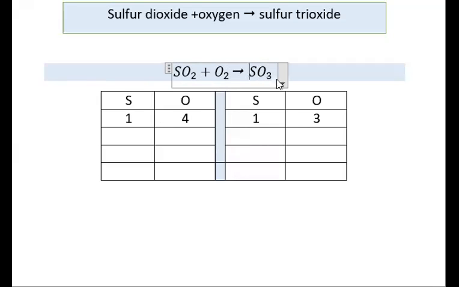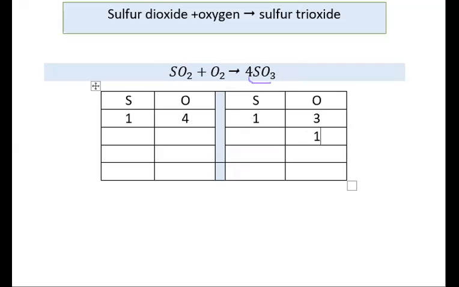And what can I times oxygen by in order to get 12? Times it by 4, right? Right, so 4 times 3 is going to give me 12.